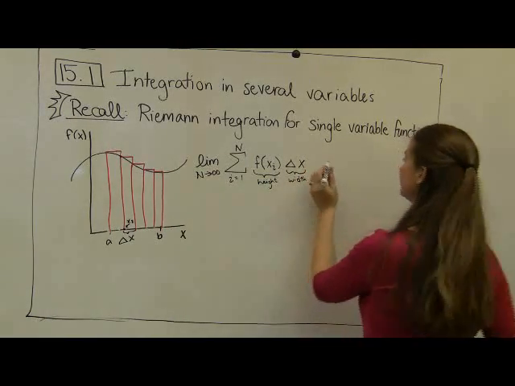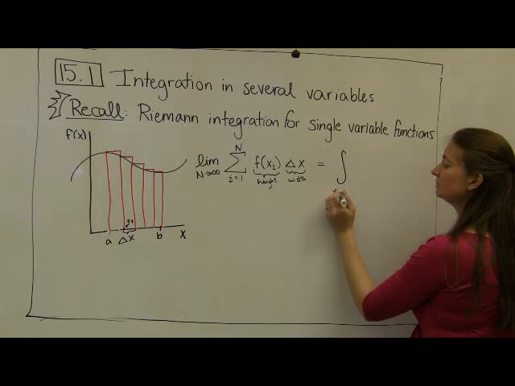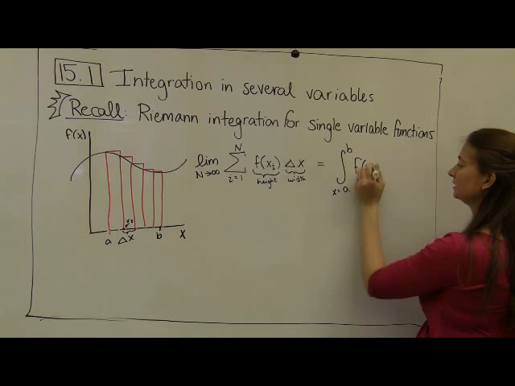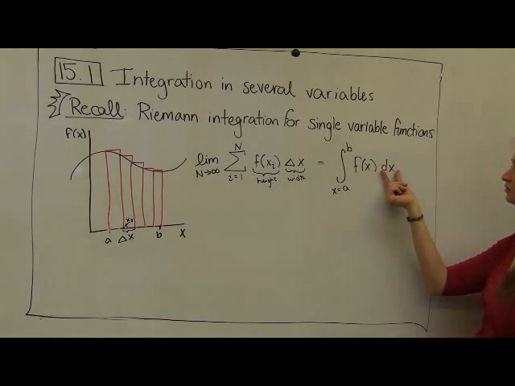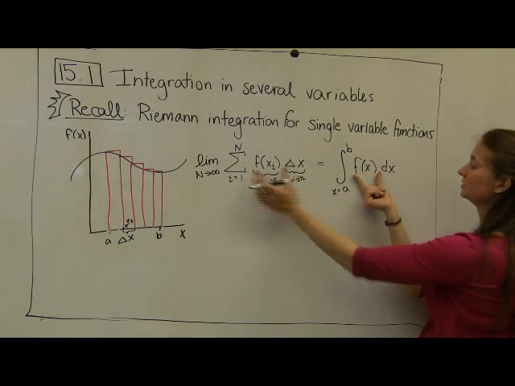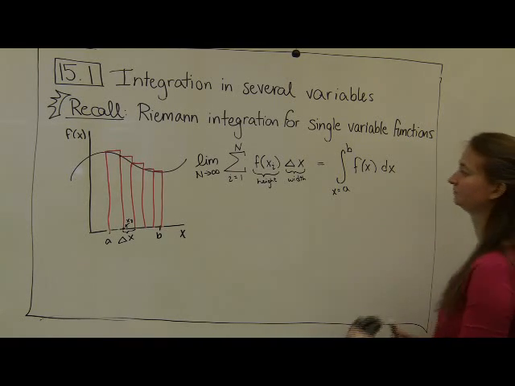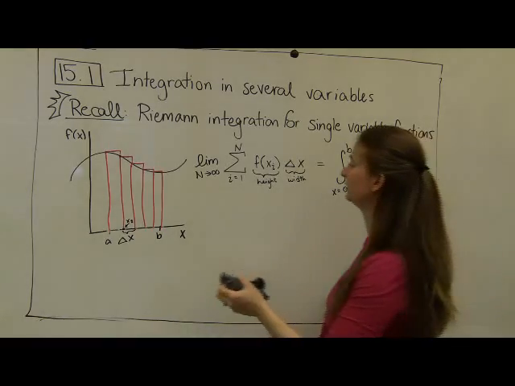And this sum is going to be equal to exactly what we want it to be equal to. It's going to be the integral from a to b of f of x dx. So the width of the rectangle is taken care of with this differential, and the height evaluated at each of those x values is given by this term f of x. So this is just a recap of what Riemann integration looks like for single variable functions.